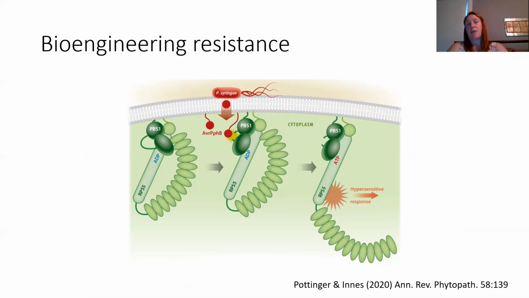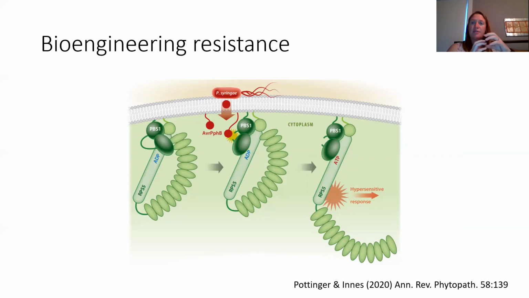Another interesting way of bioengineering resistance is by taking a module of the R protein with the decoy. Normally you remember that R genes will guard a host protein, and if modifications are made to the host protein, then they'll activate ETI.